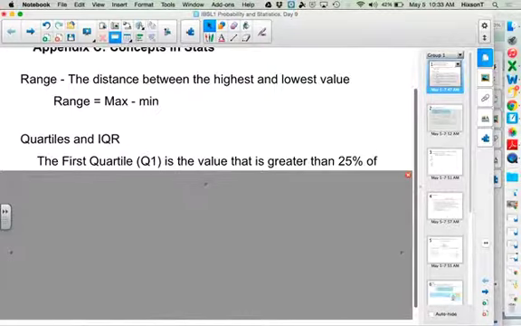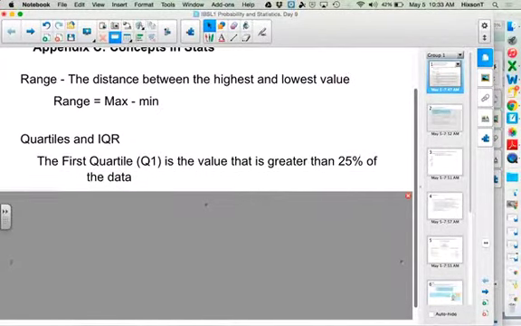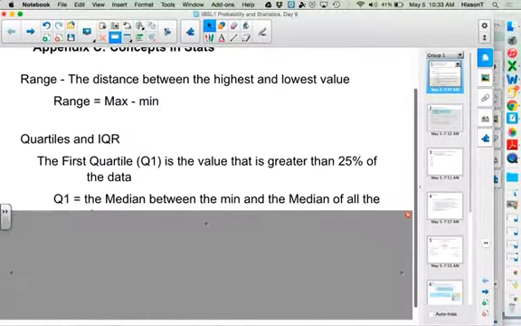The first quartile, which we'll use Q1 to represent, is the value that is greater than 25% of the data. Quartile, quarts, it's a quarter of the data. So it's a quartile, greater than 25%.